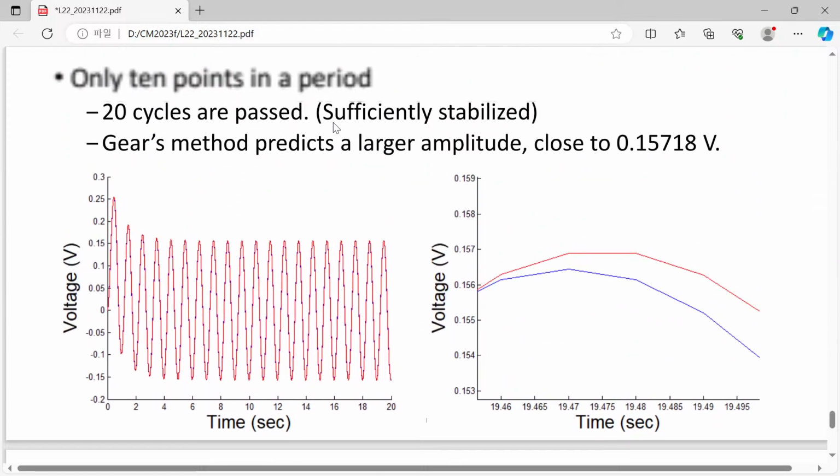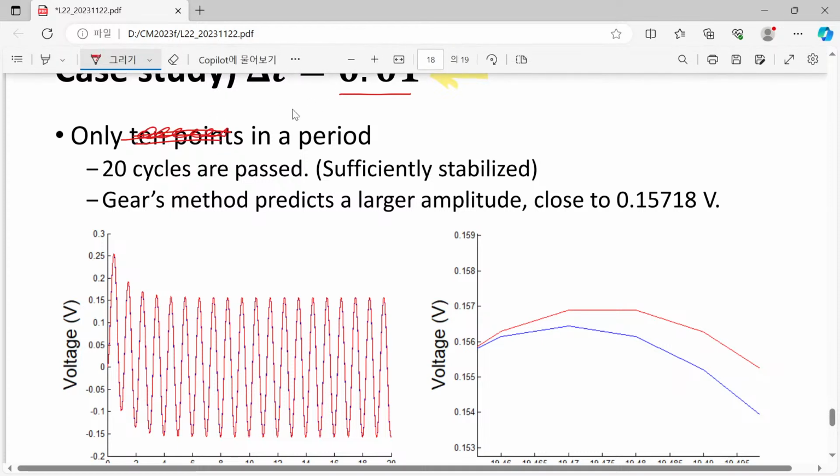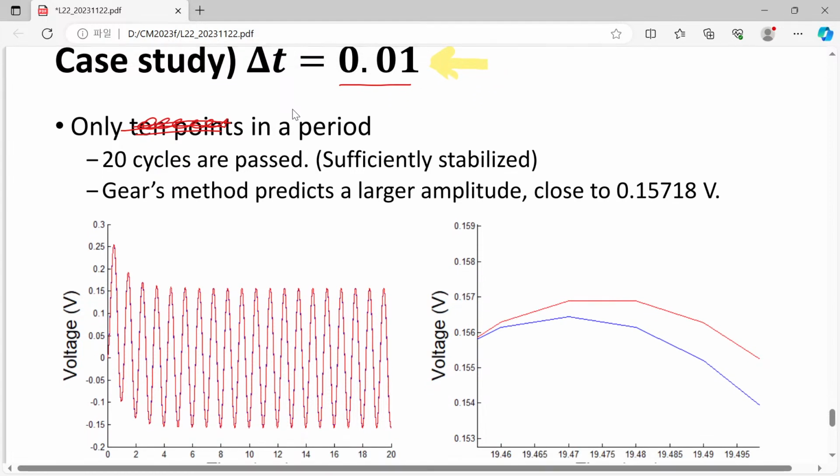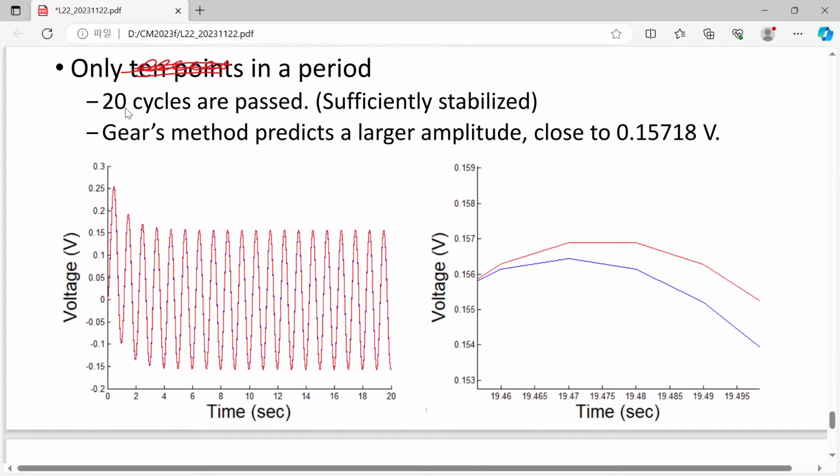I will figure out what the actual value is that I have used in this slide. But anyway, we have used a given delta t value, and I just ran 20 cycles.